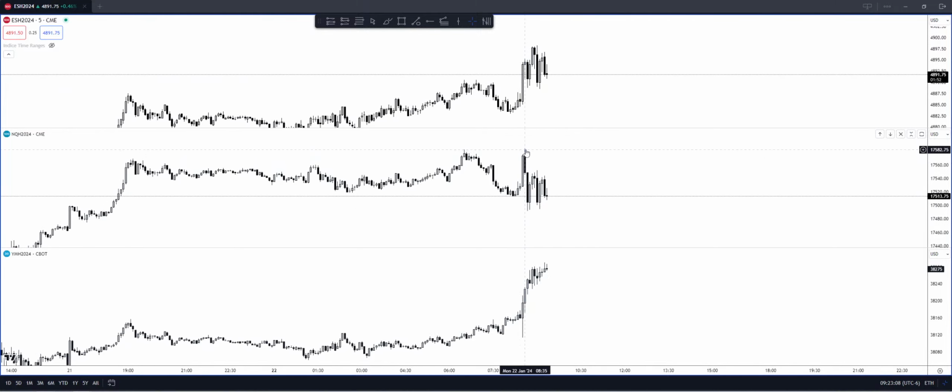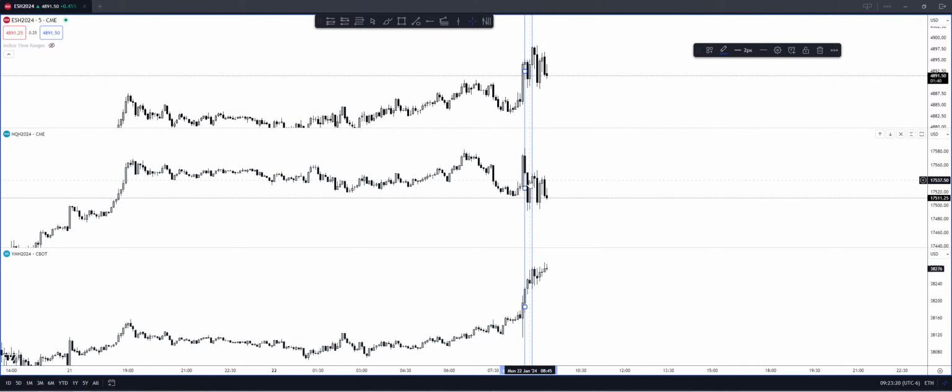Look at this high relative to YM and ES. These both made a higher high here, while NQ at that time is making a lower high. So these are both making higher highs while this is making a lower high. That's a bearish SMT.